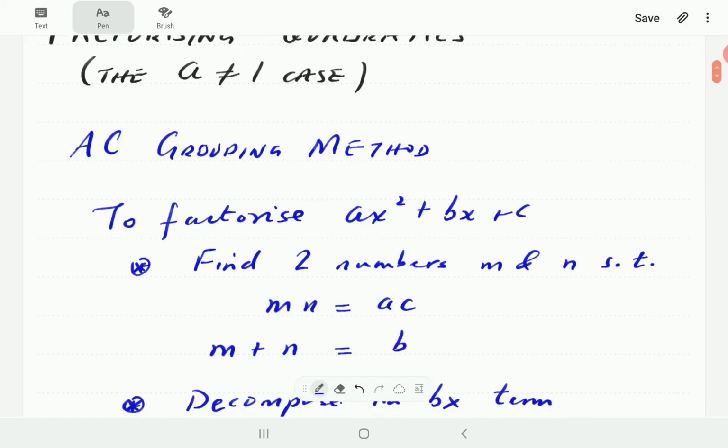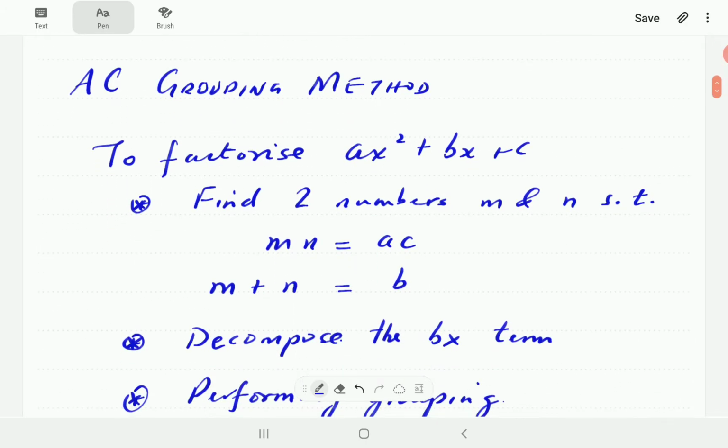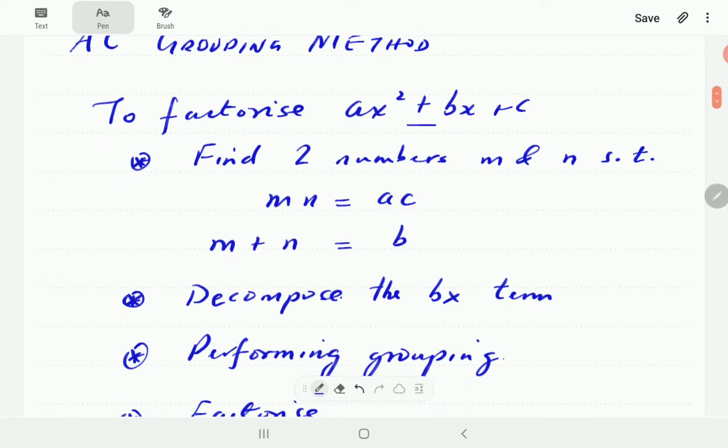Okay, so in the grouping method, to factorize ax squared plus bx plus c, we need to find two numbers. I'm calling them m and n, such that the product of the numbers is equal to ac and the sum of the numbers is equal to b.